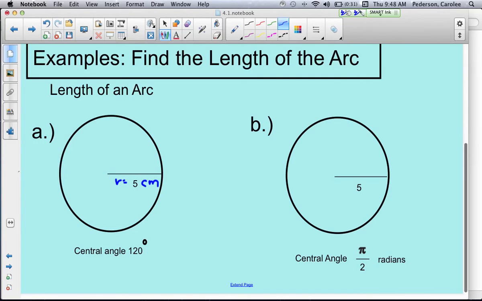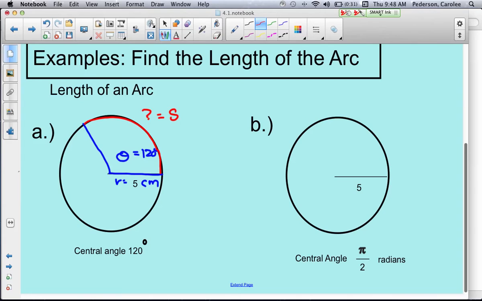So the central angle, if I graph that out, is a little bit more than 90 degrees, looks about there. So this would be my theta of 120 degrees. And what we want to do is find out how long that curve is. This is our unknown, which is our S, our arc length.